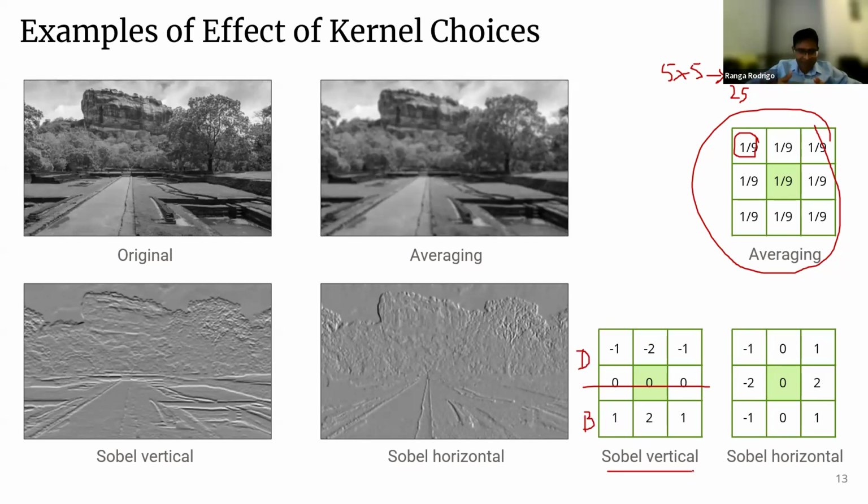As we mentioned last time, the kernels look for areas in the image that look like the kernel itself. So for example, if you take this location of the image, you can see there is this dark to bright transition there. Here you can see that area has been emphasized in the Sobel vertical output.